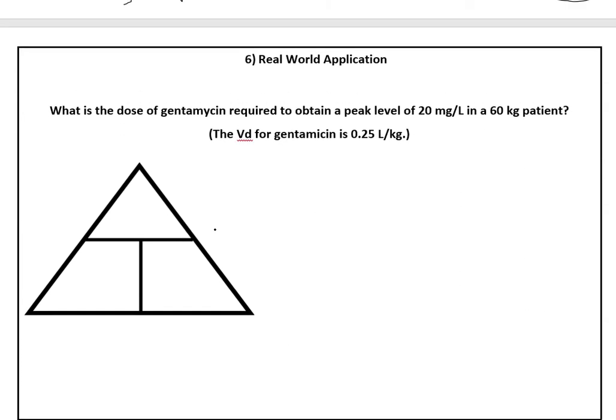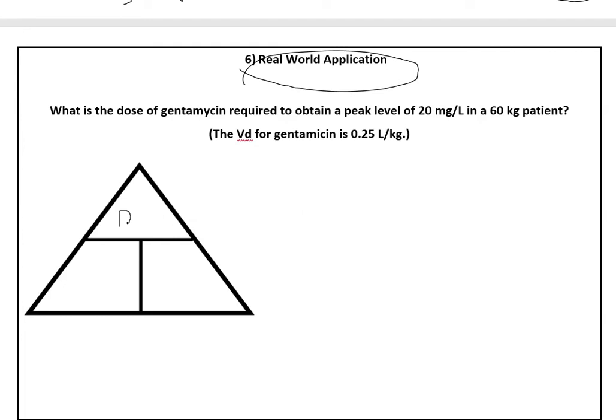So what is the real world application? So what does it mean? Well, the dose of gentamicin required to obtain a peak level of 20 milligrams per litre in a 60 kilogram patient, and the volume of distribution for gentamicin is 0.25 litres per kilogram.